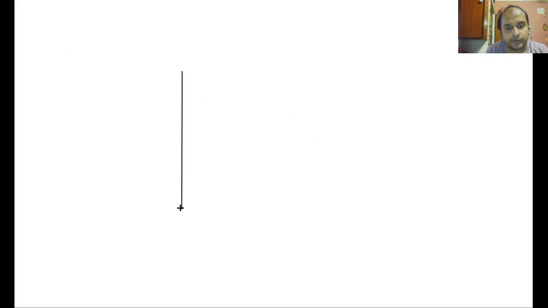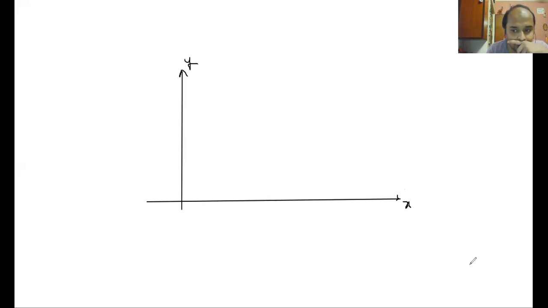So this is your y-axis, and this is your x-axis. This is step number 1. Let me mark the names here. In the note there was a mistake, so this should be x and that should be y. I am only considering the positive side, and this is the origin.